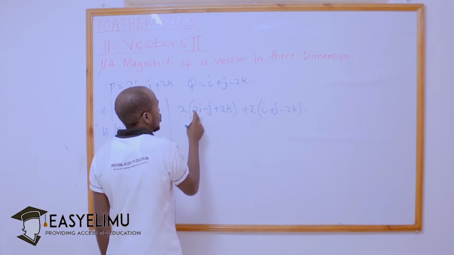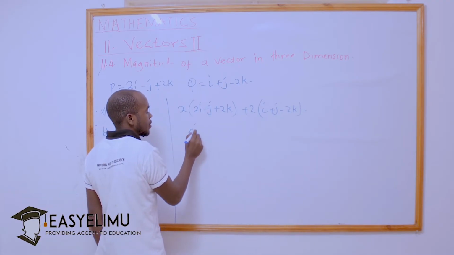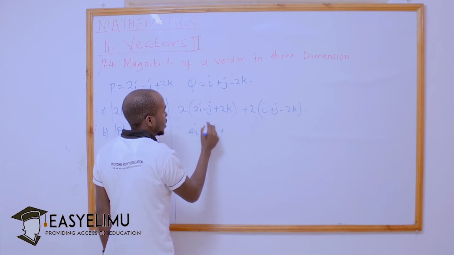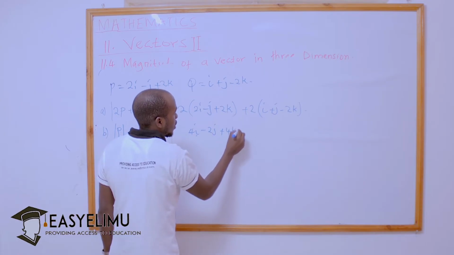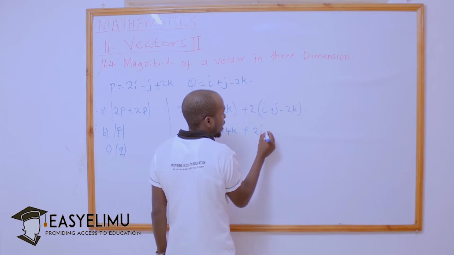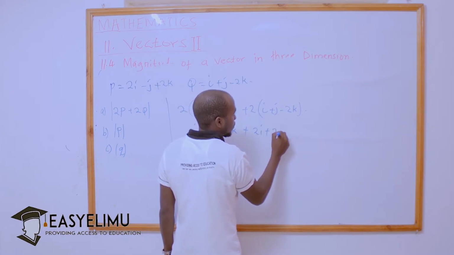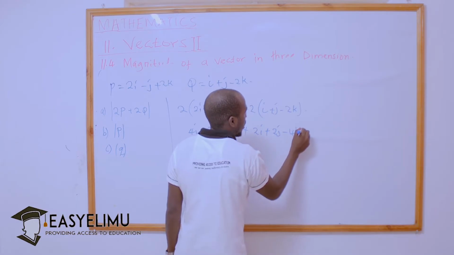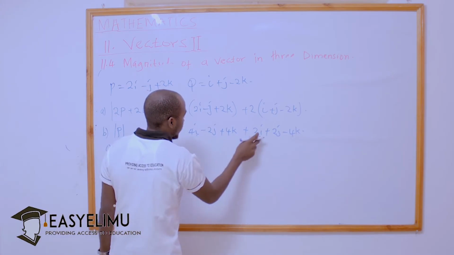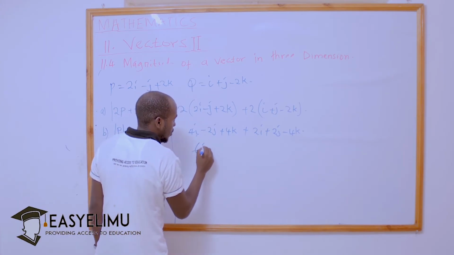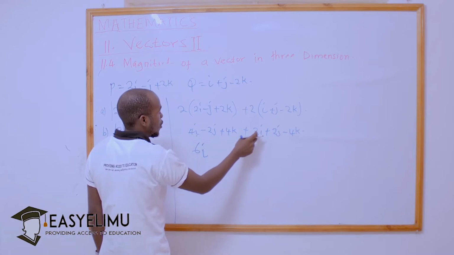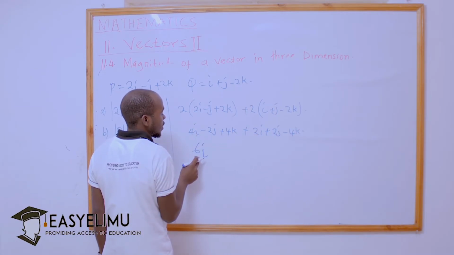If I do that, I'm going to have 4i minus 2j plus 4k, plus, opening the bracket, 2i plus 2j minus 4k. Now I'll collect the like terms. I'm going to get 6i, since 4 plus 2 is 6.